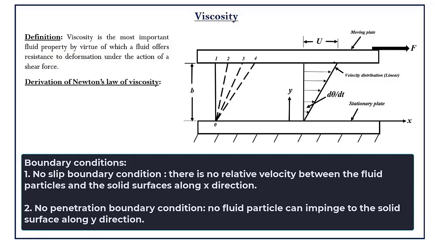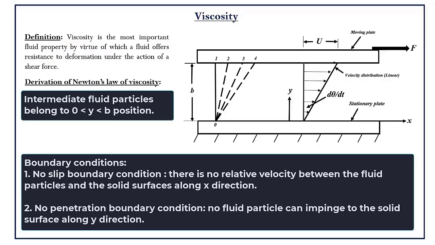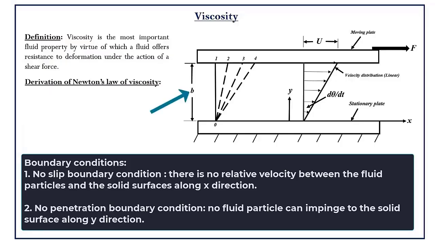And the minimum deformation will occur at y is equal to 0, because the fluid particles that are sticking to the bottom plate have 0 velocity, as the velocity of the bottom plate is 0. The velocity of intermediate fluid particles will vary from 0 to U. If the gap separating the two plates is very small, then the velocity distribution will be linear, that is a straight line.